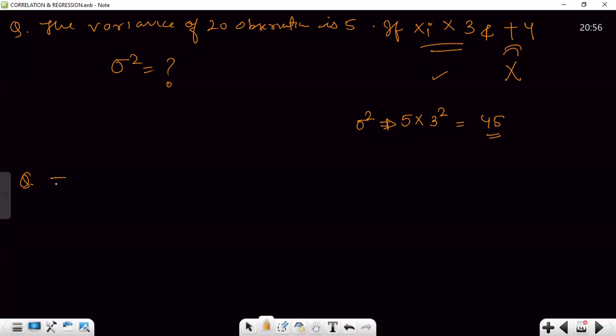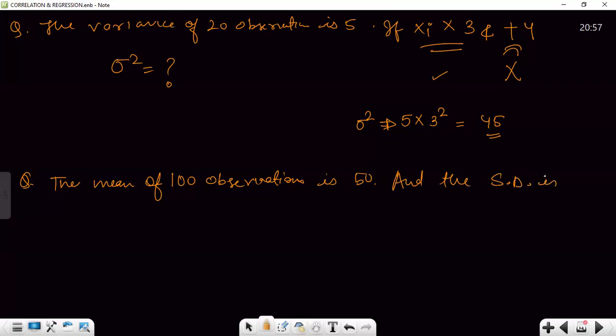The mean of 100 observations is 50 and the standard deviation is 10.